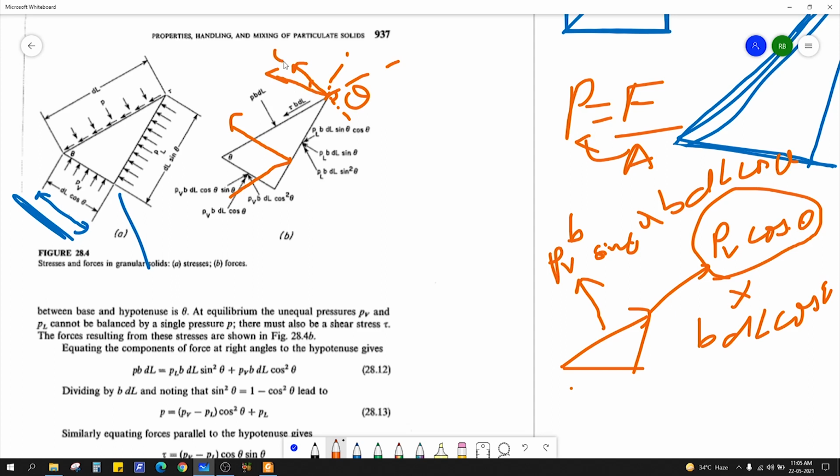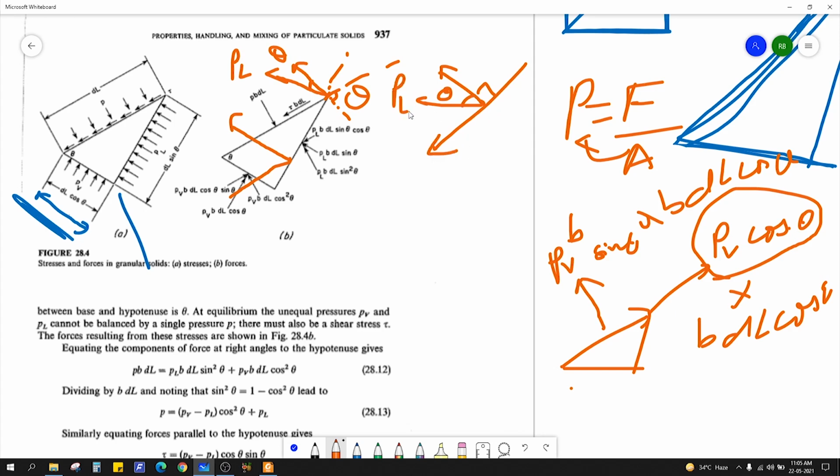Okay, so if this is theta, then the cos theta will be there. B dl. Yes, so this is your minimum pressure, and this is a theta, right? And this is your direction perpendicular to the hypotenuse. Your minimum pressure is in the direction theta, and along this it will be this.